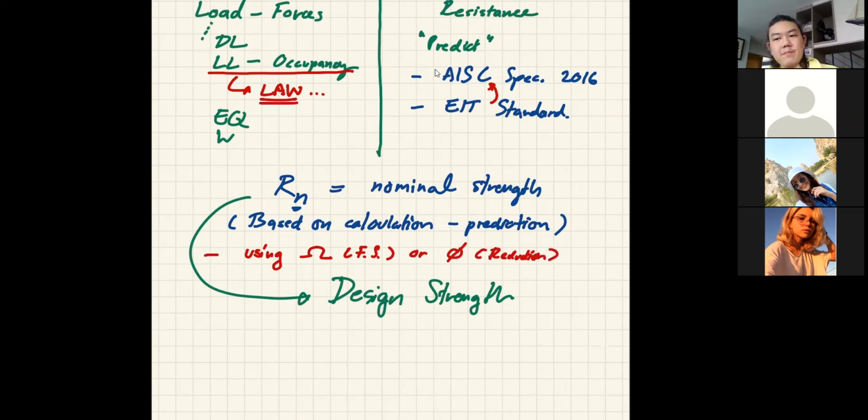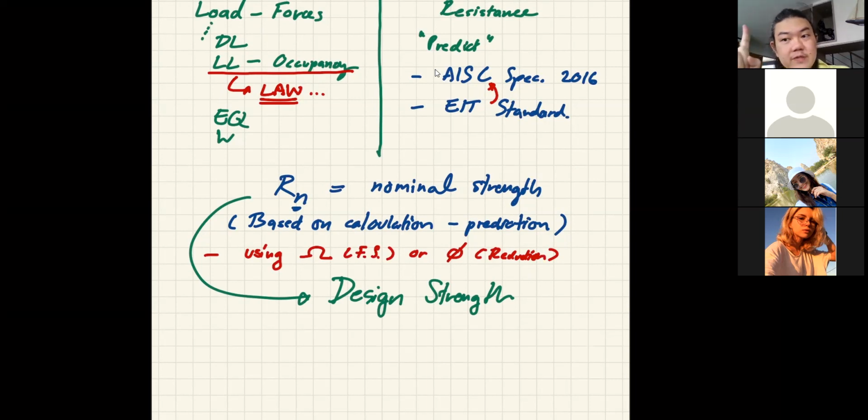Okay, so let's say I have the nail now, but instead of saying the nominal tensile strength of the nail is 1.5 tons, I say the design strength of the nail is 1.5 tons.